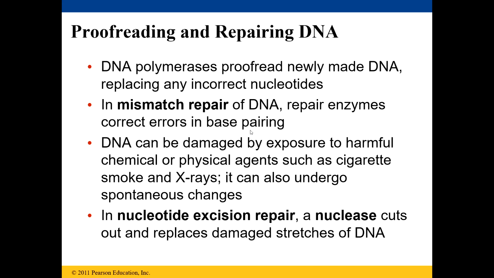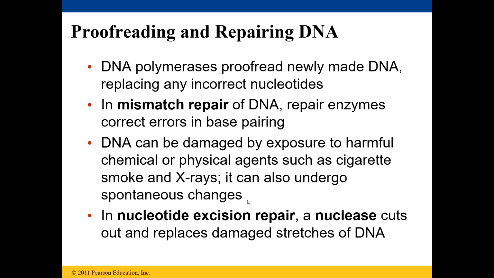Fortunately, we do have some extra enzymes that go through and proofread the newly made DNA and replace any incorrect nucleotides, which is really good because we've talked about genetic disorders, things like sickle cell anemia, which is caused by just one mismatched pair, which then causes the hemoglobin to be produced faulty, which then affects the red blood cell, which then affects every system of the body. So one little mistake here can cause a lot of problems. But fortunately, as I said, we do have these repair enzymes that correct errors in base pairing.